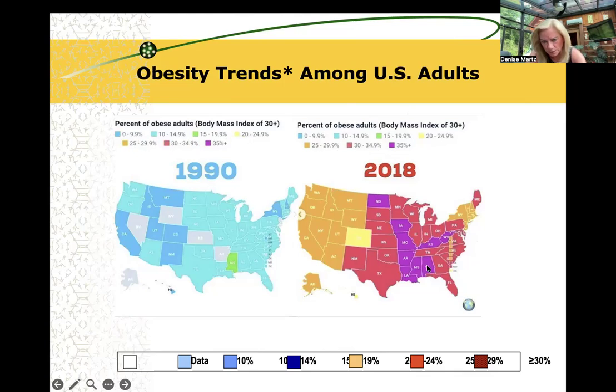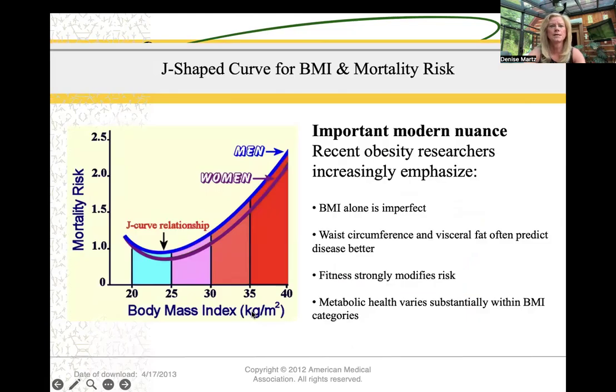If you take North Carolina over here, I'm not sure what those orange lines are right in the middle. 30 to 35% of people in the South and North Carolina are classified as obese. So we have seen across time, and we're at an all-time prevalence of larger bodies in the United States, an increase in obesity.